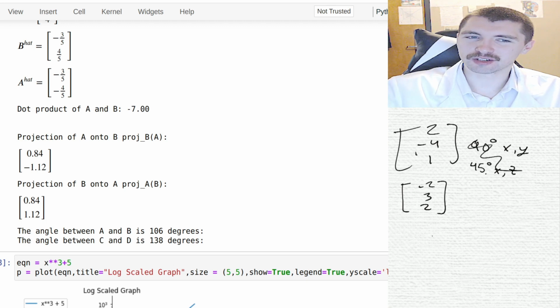We could draw this out, but usually angles between two, usually the angles on one plane.